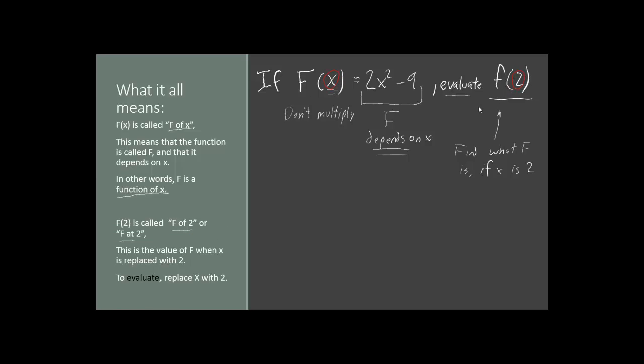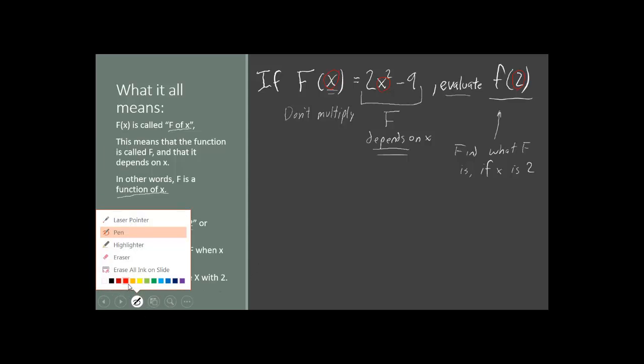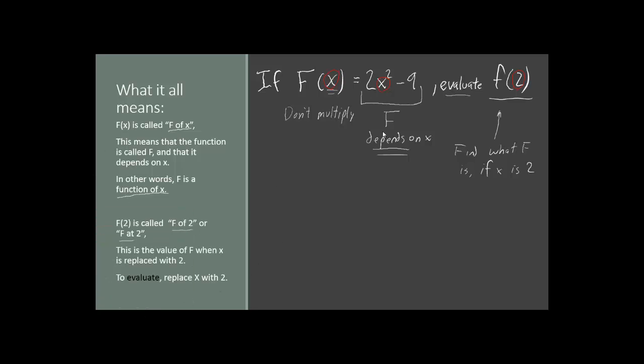So that's meant to direct you to replace this x with 2 and any other x that you see in this equation with 2. So let's give that a try. Most of the equation here is going to stay the same. We're going to have 2 times x squared minus 9, except it's not going to be x anymore. It's going to be 2.